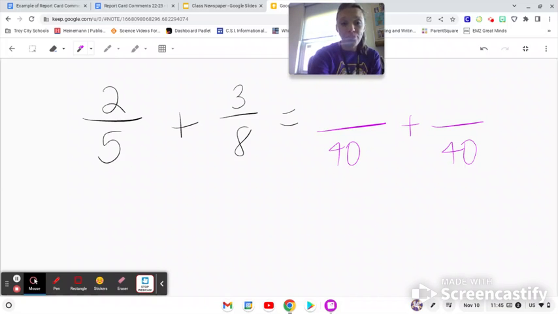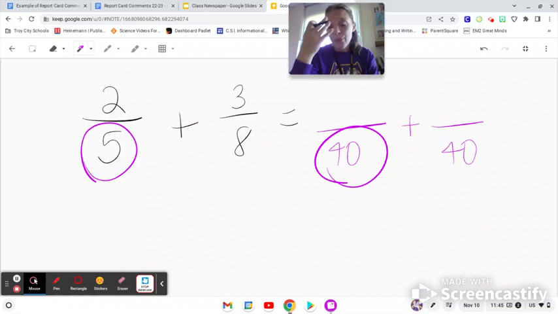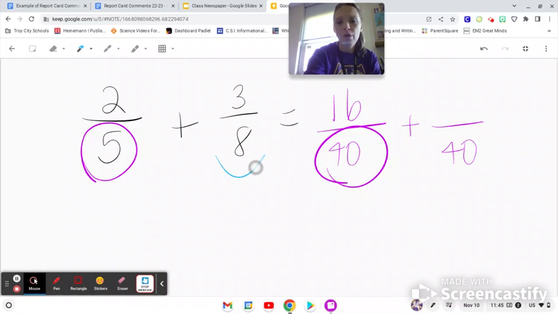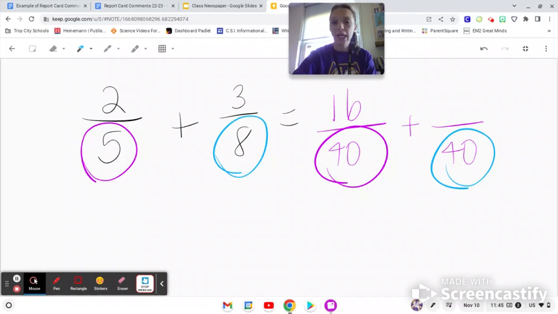So let me think. I went from fifths to 40ths. So I know in my head that 5 times 8 is 40. So whatever I do to my denominator, I must do to my numerator as well. So if 5 times 8 is 40, 2 times 8 is 16. And I'll do the same thing with 3/8, right? So let's switch my color marker to blue. There we go. I went from eighths to 40ths.